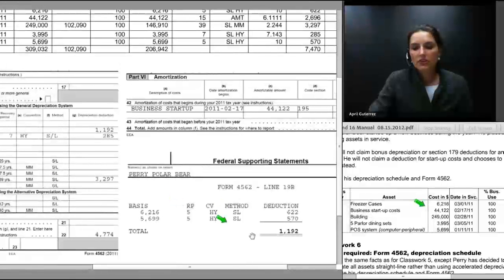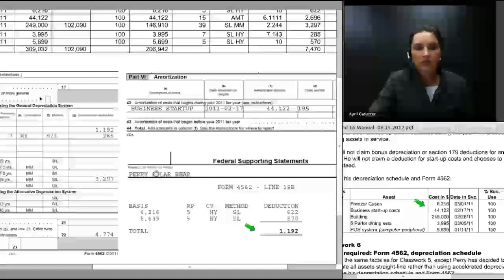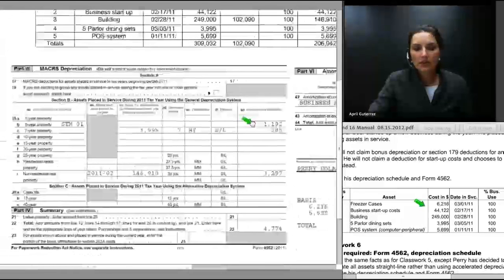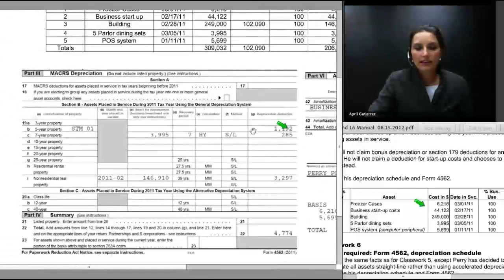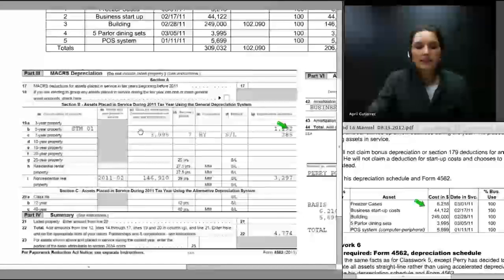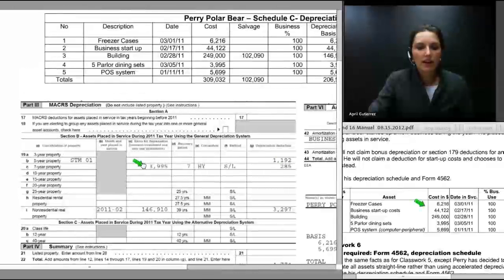The straight line depreciation amounts that we calculated are $622 and $570 for a total of $1,192, and $1,192 is the amount we entered on line 19B. On line 19C, we enter the cost basis of the 5 parlor dining sets, which are depreciable over 7 years. We're going half-year convention, straight line, $285 deduction.